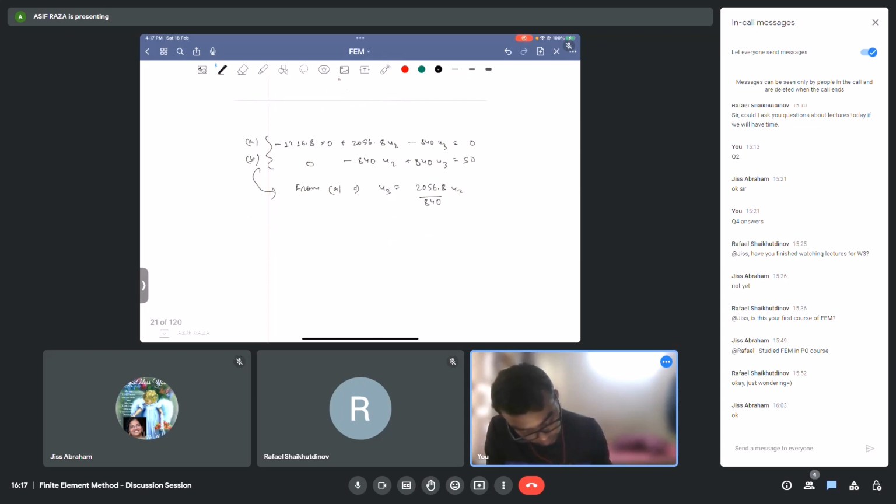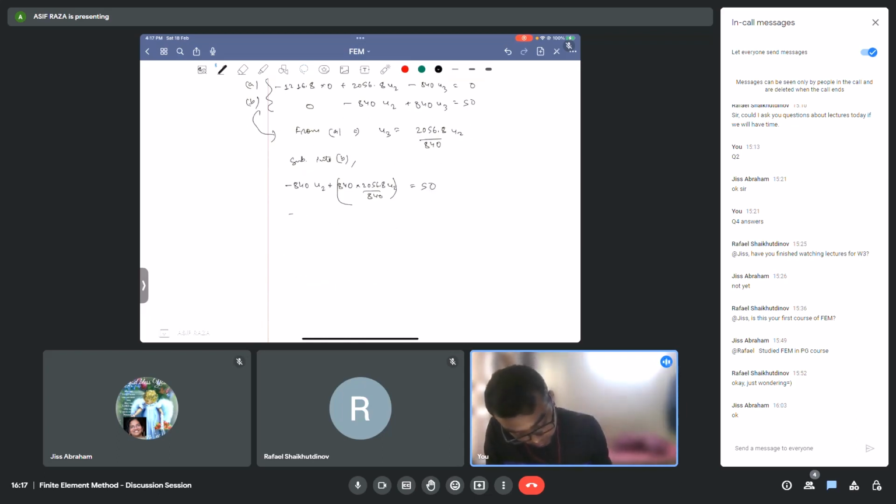Substitute into B. This is equal to minus 840 u2 plus 840 times 2056.8 u2 upon 840 is equal to 50.